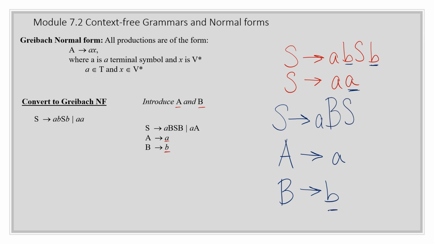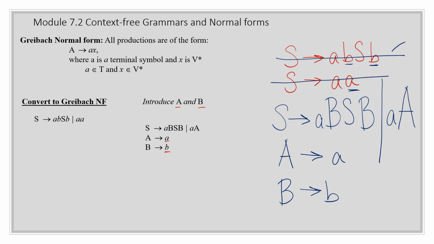We keep the S, and we have a B here for the B again, because this is not in the right normal form. And for this one right here, we keep our first terminal symbol A, but then we add a variable here. So now our grammar is in Greibach normal form.